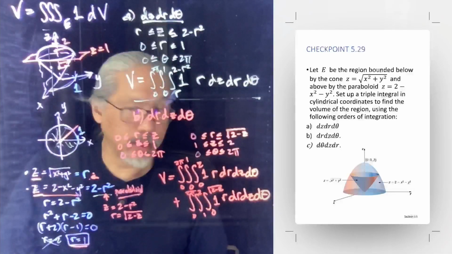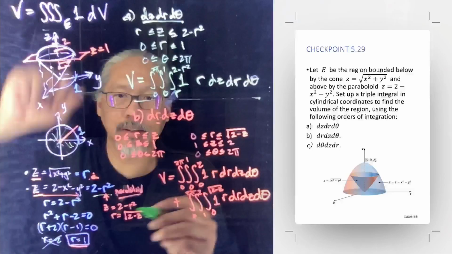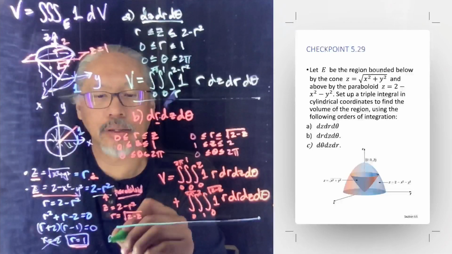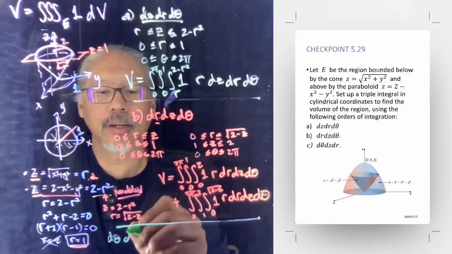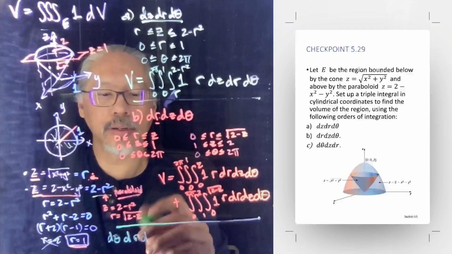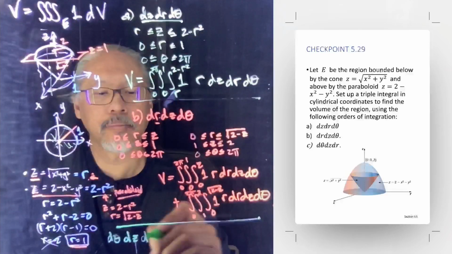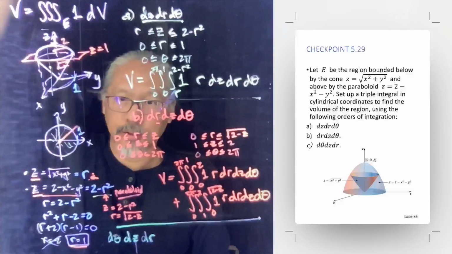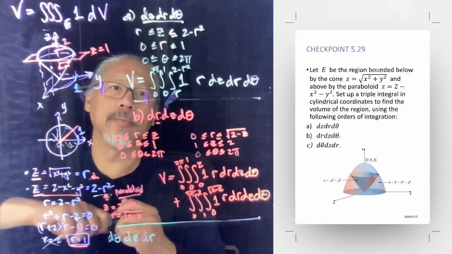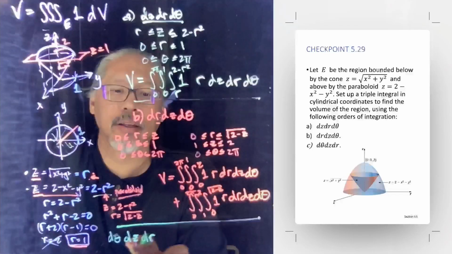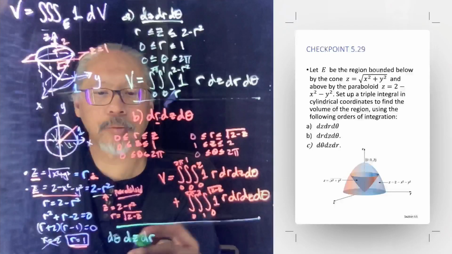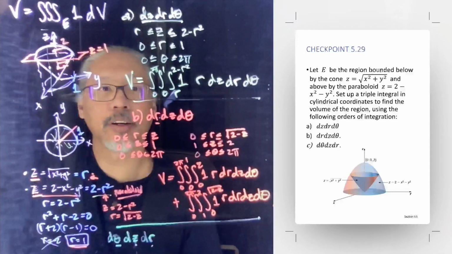All right, the last one is asking us to consider writing this integral with d theta first, and then dz, and then dr. And to do this, what we really have to note is that there are no particular relationships between theta and either of these variables.